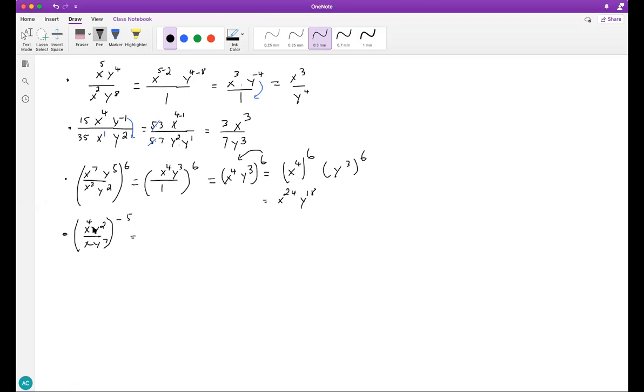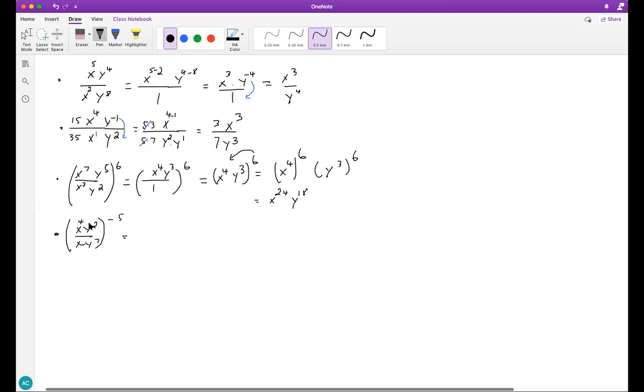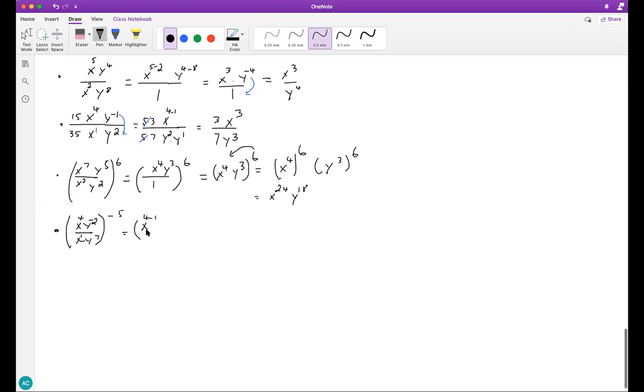But first, work inside. So inside let's make this a negative. So inside, we're going to have to first subtract these. There's an invisible 1 here. So that's x^1. So x^4 minus 1. And next to it, or actually we're going to move this one down.